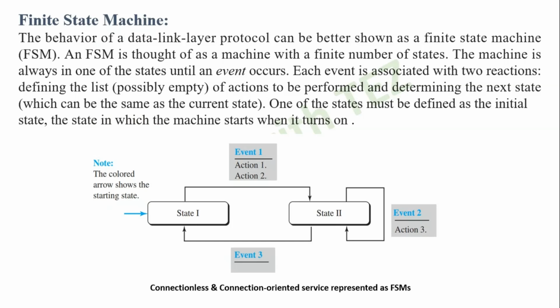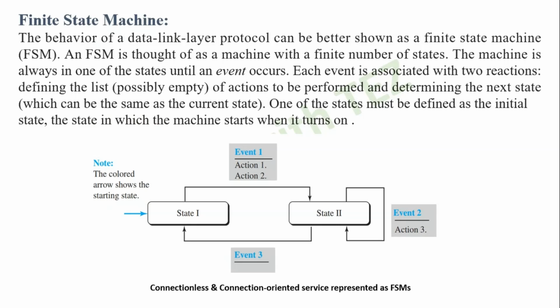Before knowing the simple protocol, it is very important to know the finite state machine, because the behavior of these protocols can be better understood once we explain with FSM. So basically FSM has a finite number of states, and until some event occurs, it will stay in the state.